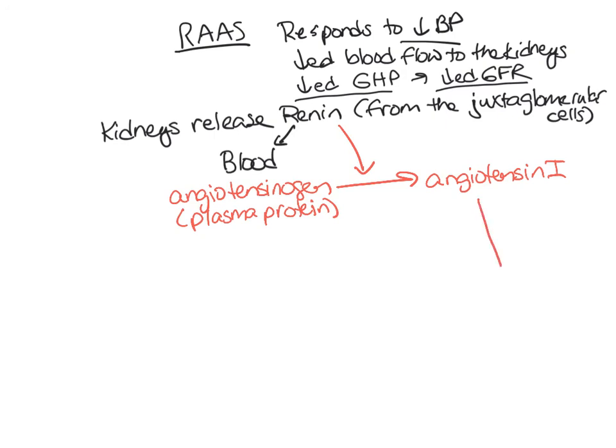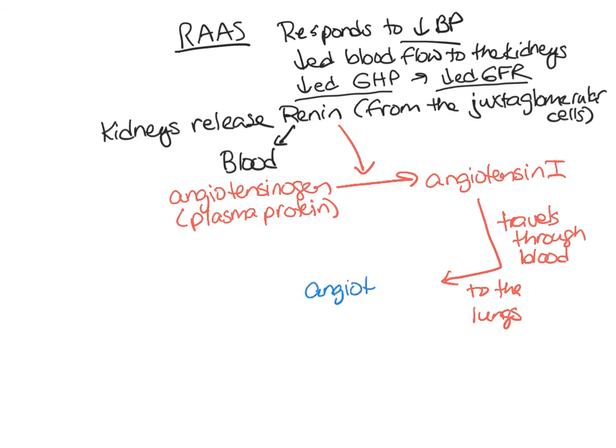Then angiotensin 1 travels through the blood to the lungs. And in the lungs, angiotensin 1 becomes converted to angiotensin 2. This happens by an enzyme called ACE.